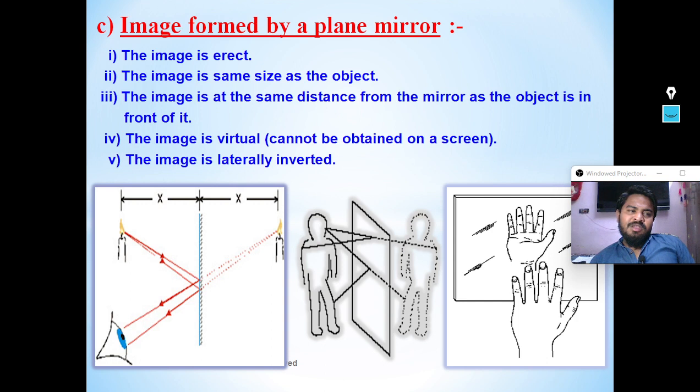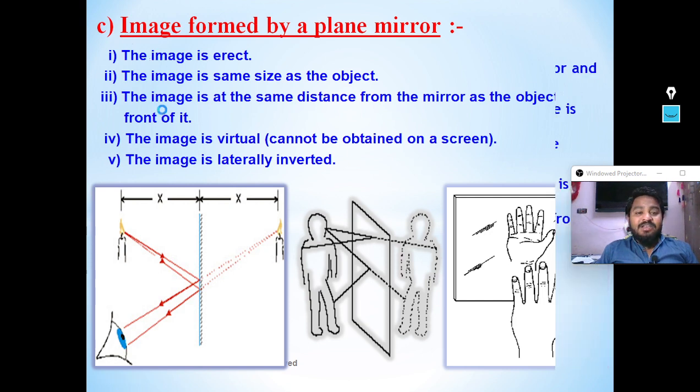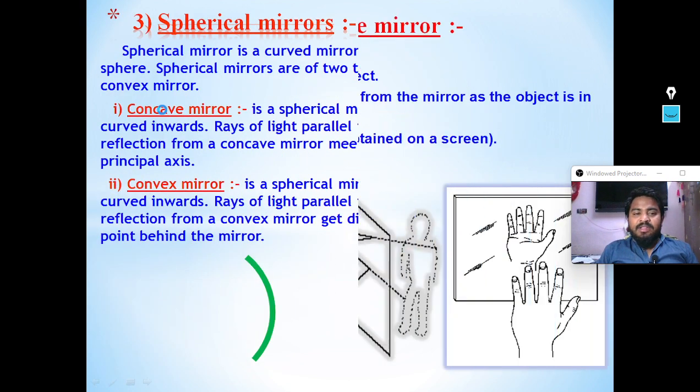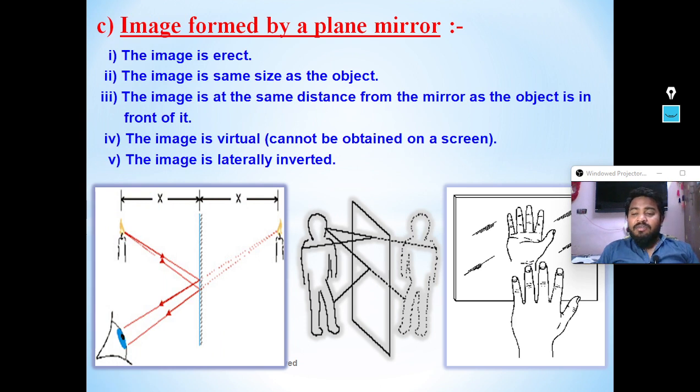So here we know what a shadow is, we learned in the previous class, right? So now let us see, image in the sense, the point of intersection of all the reflected rays or refracted rays is called image.